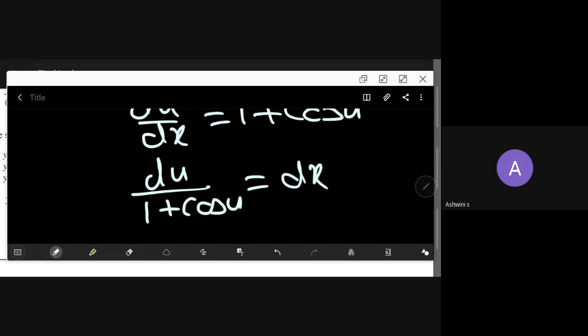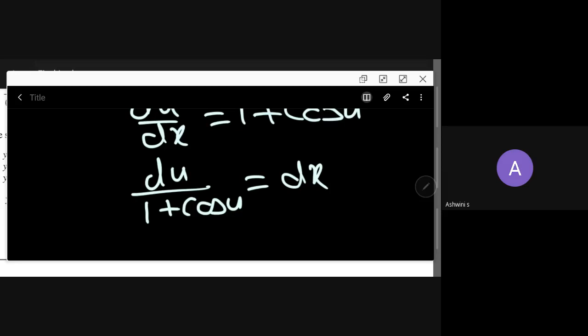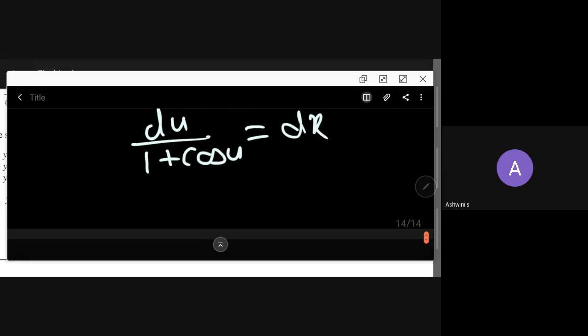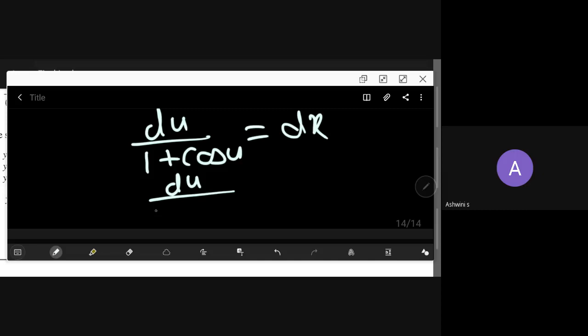I think 1 plus cos u means du by cos 2 into u by 2. Cos 2 is nothing but 2 sine square u by 2. Is it right?